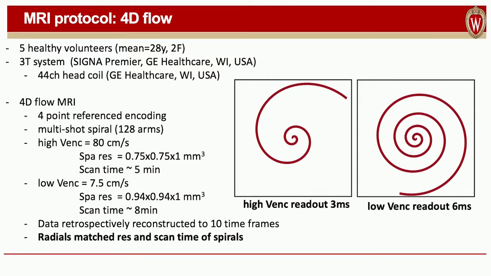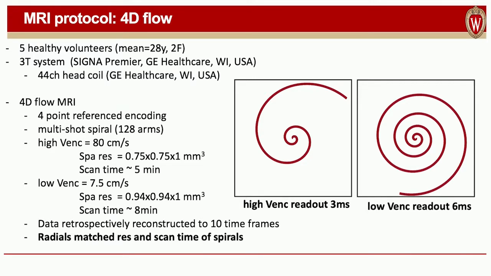So we designed short readouts for the high Venc acquisition in order to reduce chances of signal dropout due to inflow effects. For the low Venc, inflow was less of a concern.